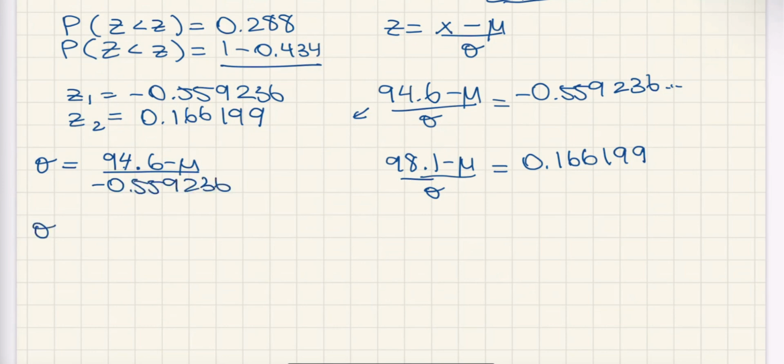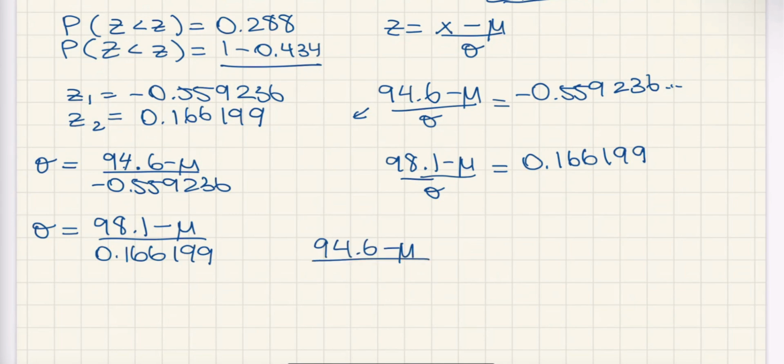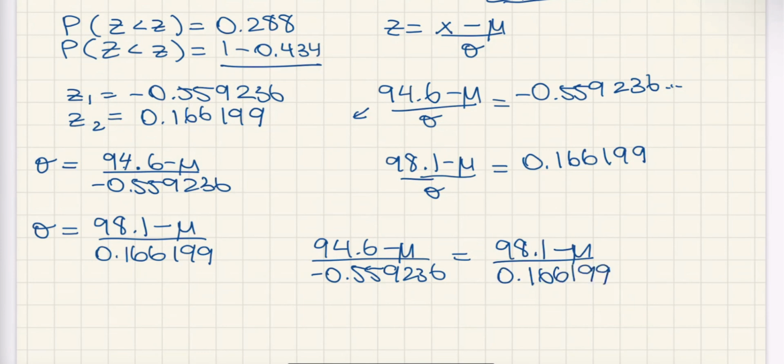And then also the standard deviation must be equal to 98.1 minus mu all over 0.166199. And then we can equate these two together using substitution. So 94.6 minus mu over negative 0.559236 is equal to 98.1 minus mu over 0.166199. And then we need to just solve for mu.